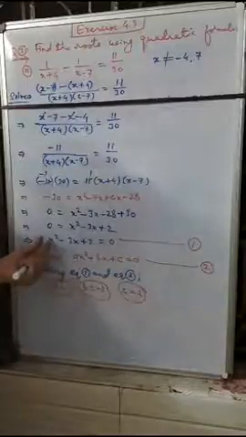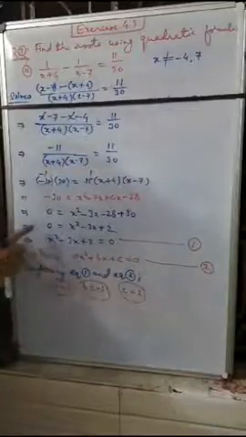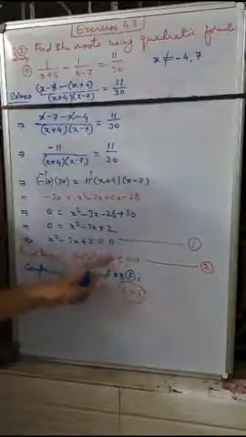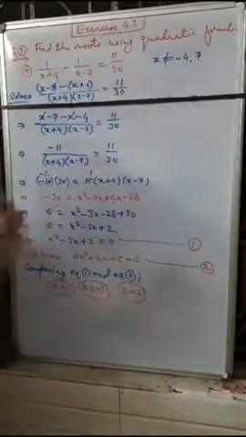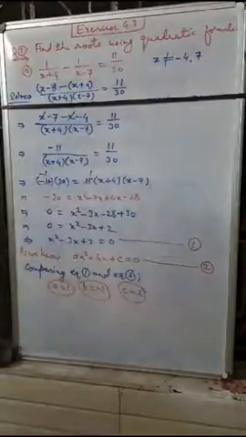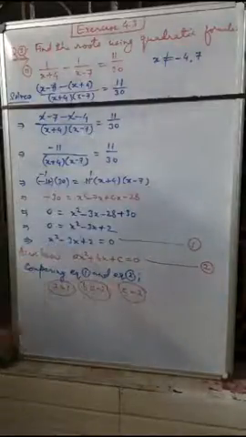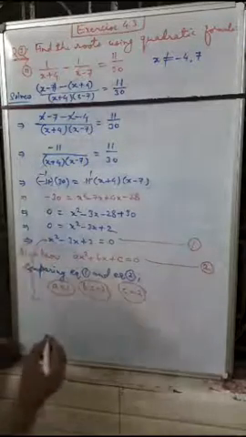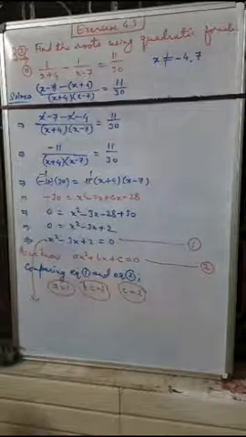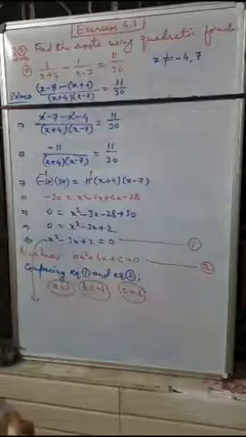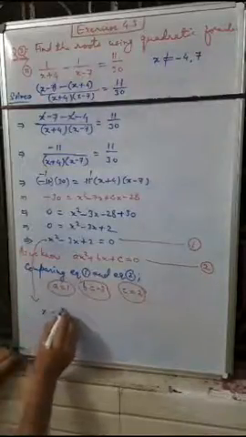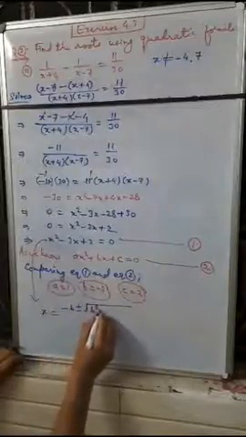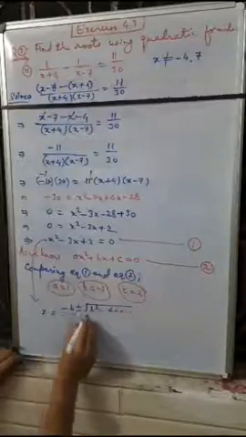So here you can compare the coefficients of x square, x and the constant in both equations and write these values of a, b, c. Now we need to find the roots by using the quadratic formula. So we need to know what the quadratic formula is: x is equal to minus b plus or minus under root b square minus 4ac, upon 2a.